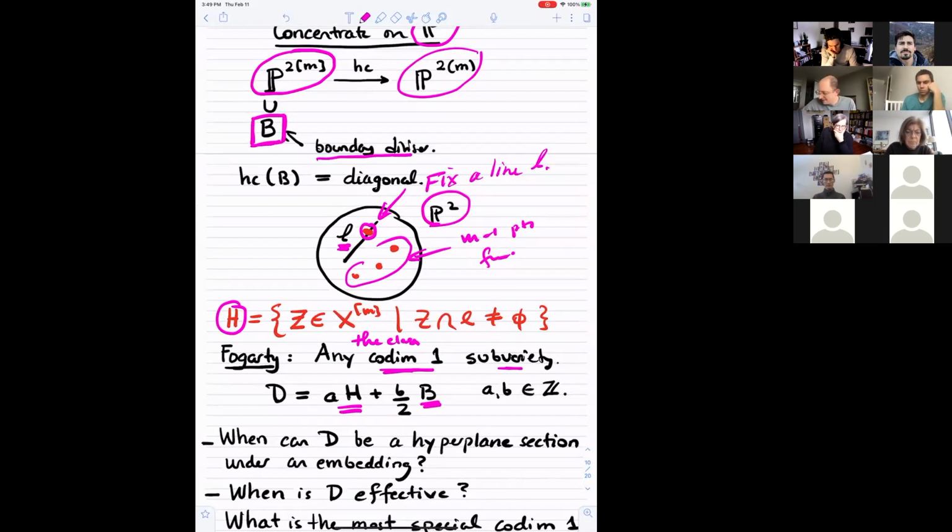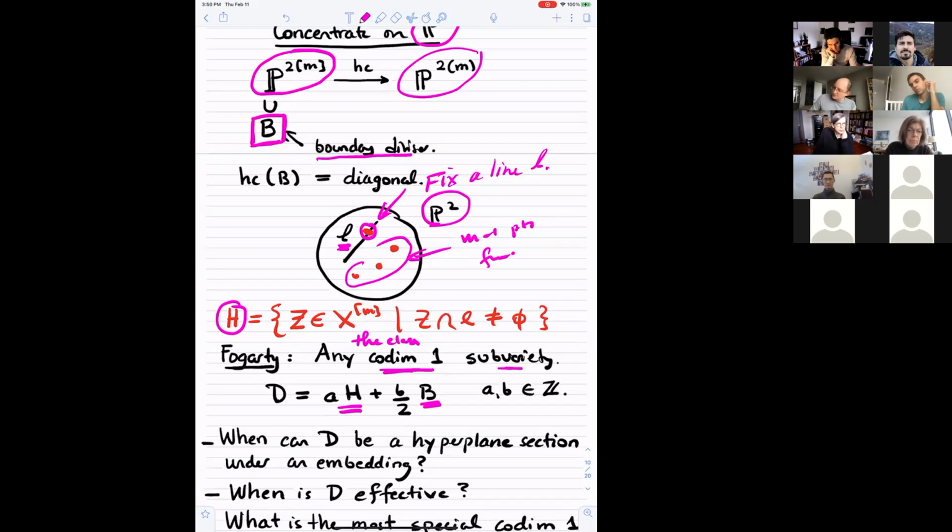If you're working over the rational numbers, maybe that's a better thing to do, and then you don't have to worry about the factor of 2. That's a technical point. So the class of any divisor is a linear combination of these.